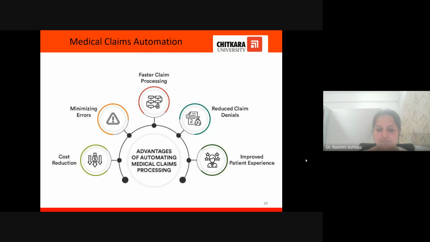If I get my claim within one day and say so, everyone will come and ask which medical insurance I have. So commercial companies will get more insurance, obviously more profit, and the patient will have a good experience.